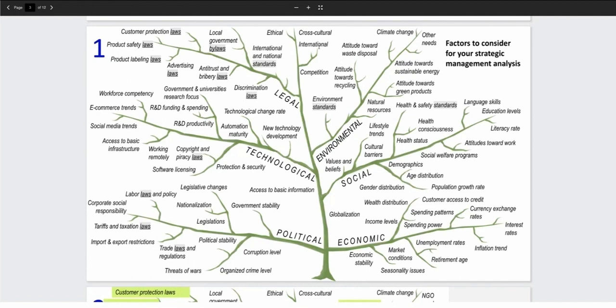We are now looking into whether any of these factors have to be selected, because in the next step and next slide, we are going to decide which factors. Then we will use each and every one of the factors that we chose in this mind map in order to do an analysis of the business.